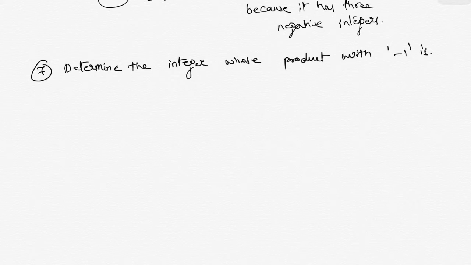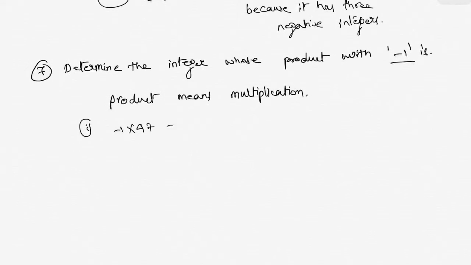Product means nothing but multiplication. So you have to multiply everything with minus 1. Okay, so let's do it. Minus 1 into 47 is minus 47. Hence, the integer is 47. 47 is the integer.